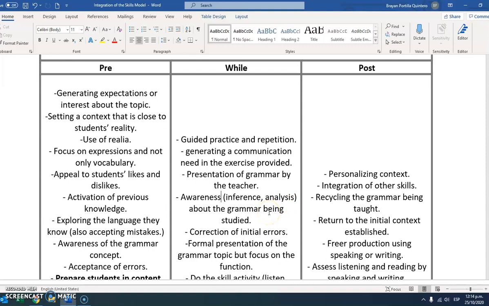This grammar is usually presented also in the listening text or the reading text. So what you do is allow them to identify the grammar elements that are present in this specific text that you have, either listening or reading text.